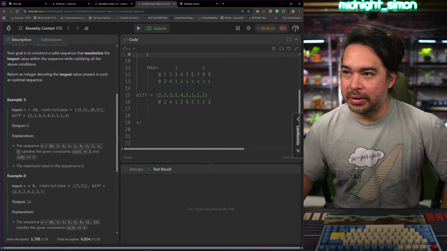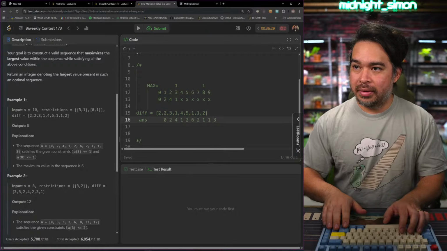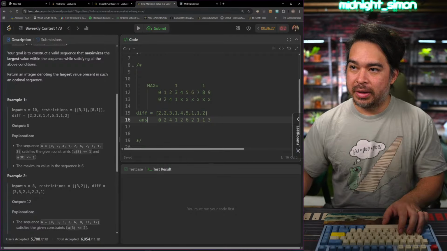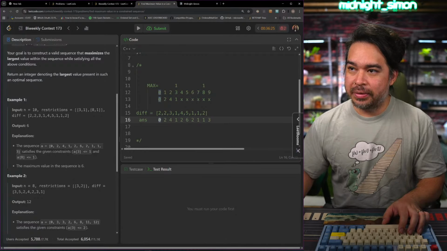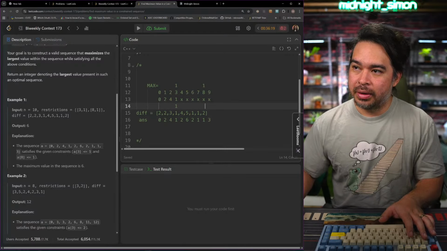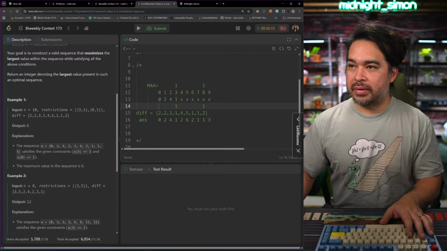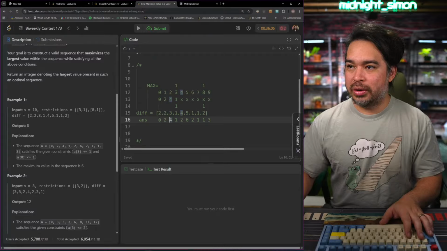So, alright, like this is the answer. This one down here. So we know we start from 0, and then we know these are restrictions. I'll type them up here. Right? And if we just maxed all the diffs here, it would be 2 plus 2, so it would be up to 4.